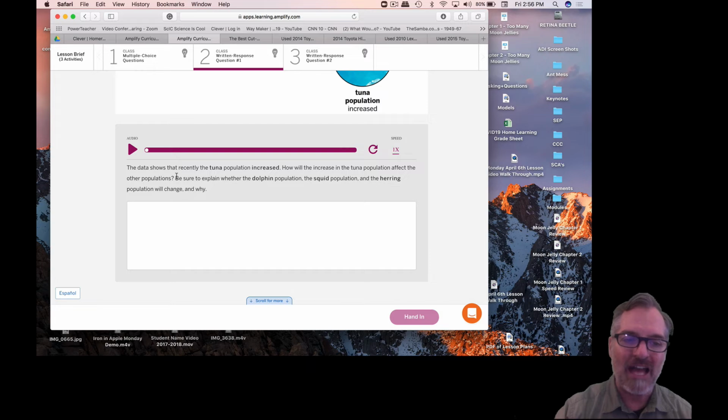And then here is the last part of the question. The data shows that recently the tuna population increased. How will the increase in the tuna population affect the other populations? Be sure to explain whether the dolphin population, the squid population, and the herring population will change, and if so, why. So go ahead and write your response down here.